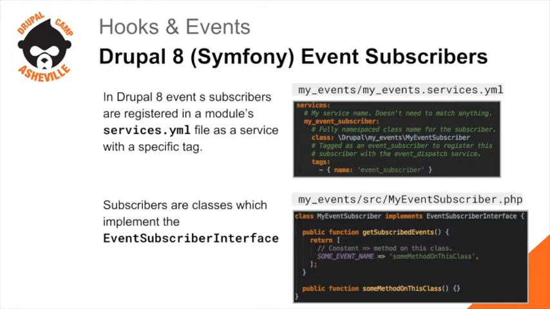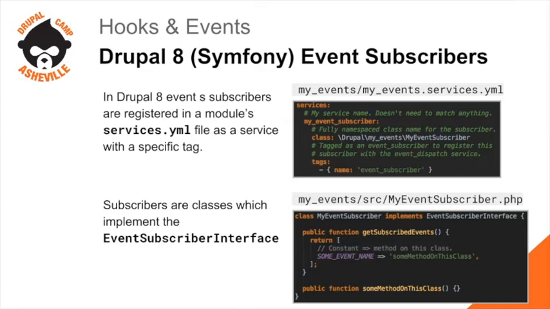Let's say that Drupal is going to dispatch a useful event. And what we will do is we will write a class that implements the interface, event subscriber interface. And this interface says we must return an array of event names that map to methods on this class.